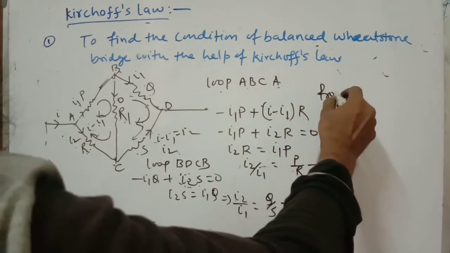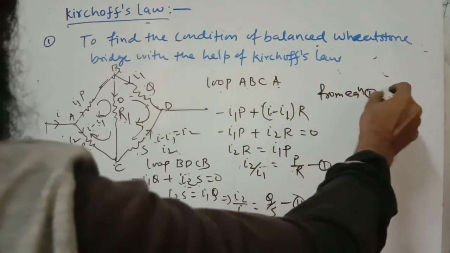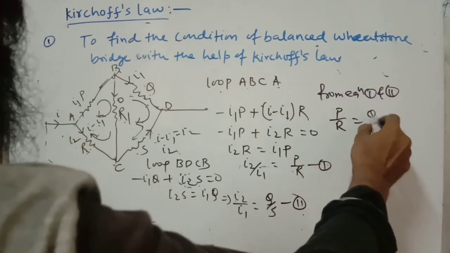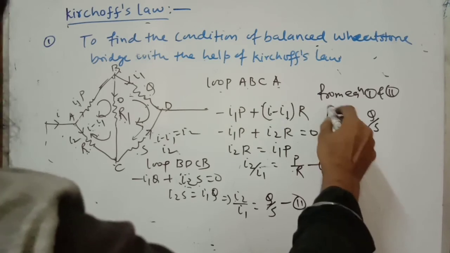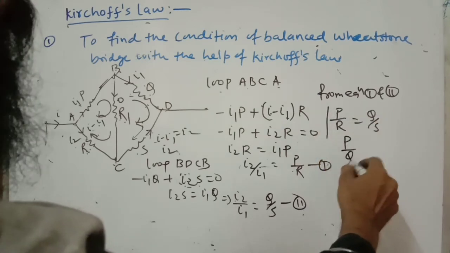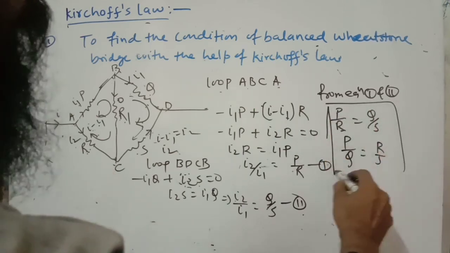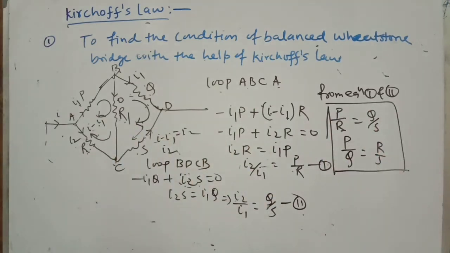So from equations 1 and 2 we can write P by R equal to Q by S, and you can also write P by Q equal to R by S. So this is the condition of a balanced Wheatstone bridge.